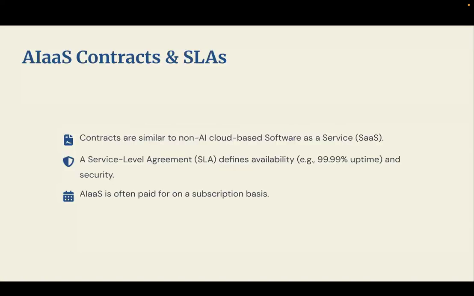These contracts are similar to non-AI cloud-based software as a service. What are the different software as a service products you use in day-to-day life? If you are in your company, you are using Jira Cloud. Do you know that your company pays for Jira Cloud?